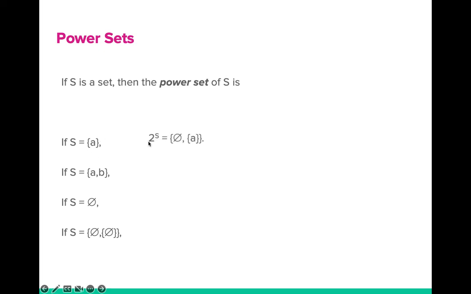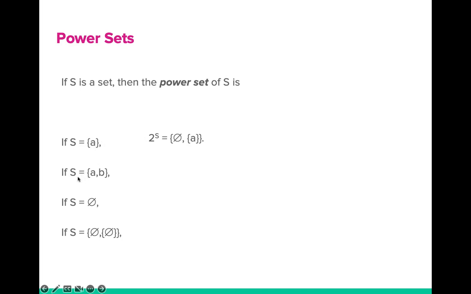So the power set would be first an empty set and itself. Okay? So what would be the cardinality then? The cardinality would be 2. Okay? That would be 2 raised to 1 since we only have one element.